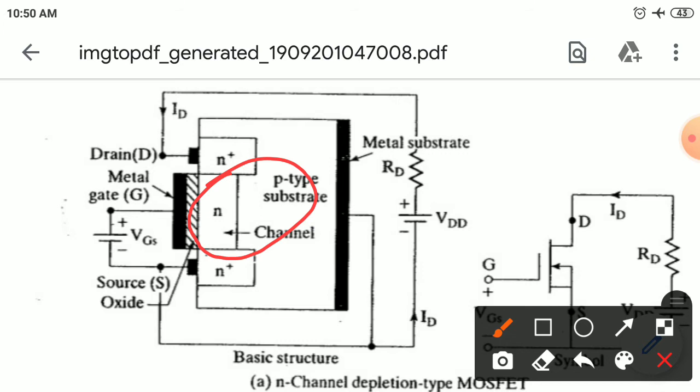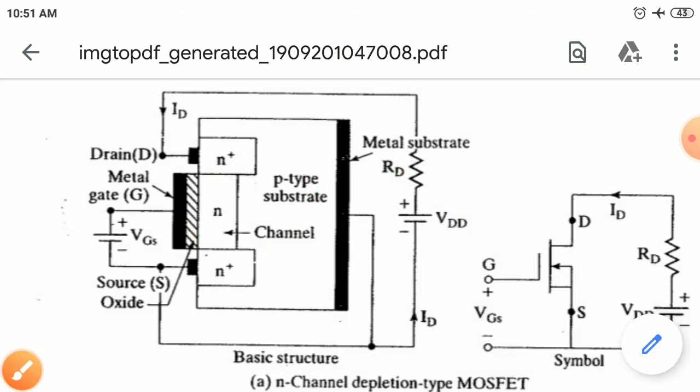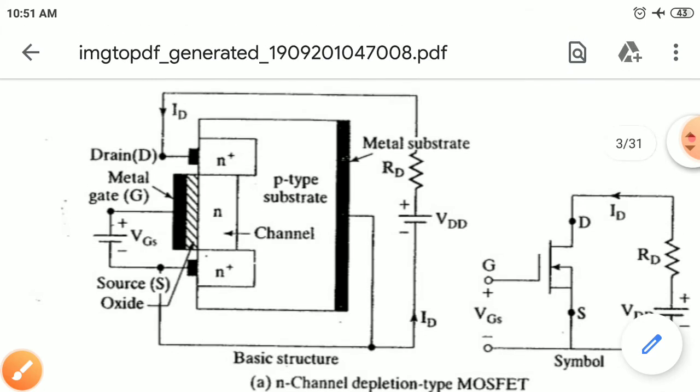With the p channel depletion type MOSFET, the polarities of VDS, the drain to source voltage, the current flowing from drain to source, and VGS are reversed.